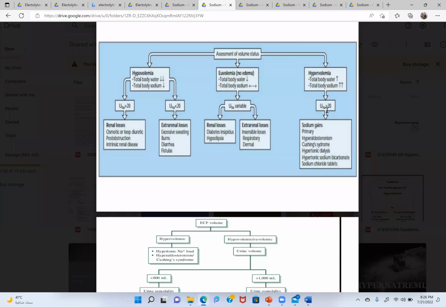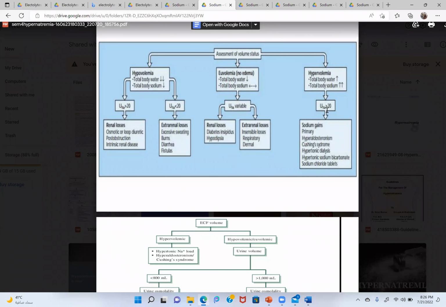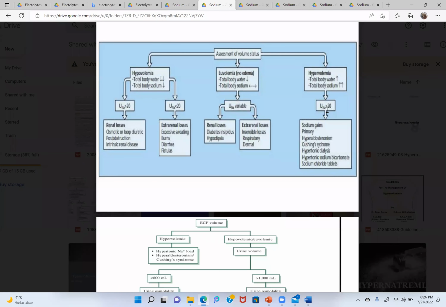Mainly it is related to diabetes insipidus, but in those cases the urinary osmolarity will be less, as I told you, because free water is being lost. Similarly in hypervolemic, urinary sodium will be high, as in hyperaldosteronism or Cushing syndrome, or hypertonic dialysis, as I told.